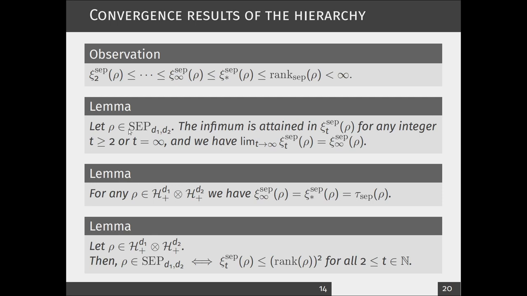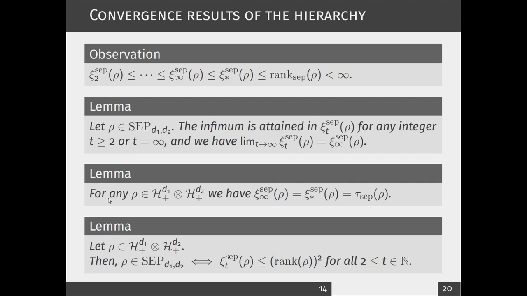The second lemma: for rho from the separable cone, our xi optimization problem does attain its infimum, and in the limit it does actually reach xi infinity. So there's nothing that goes wrong there. This is shown through the standard techniques of the moment method in polynomial optimization.